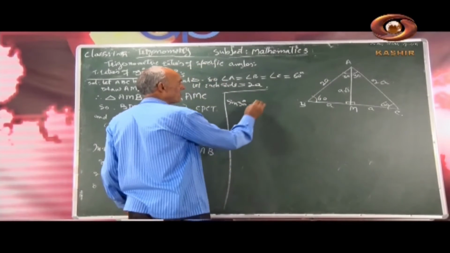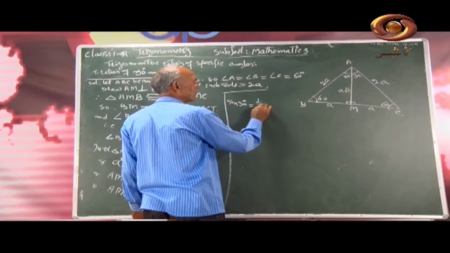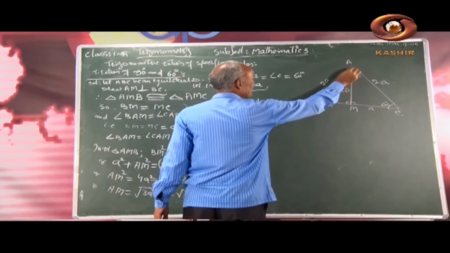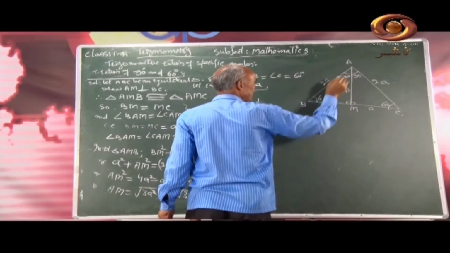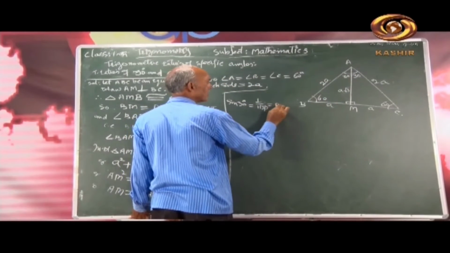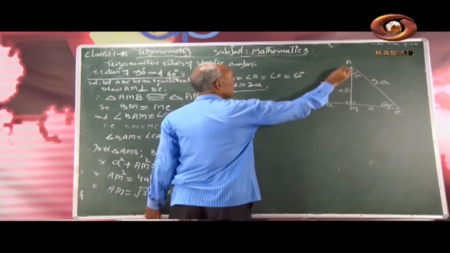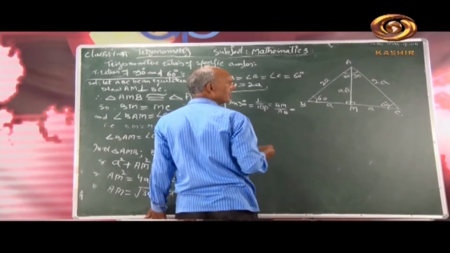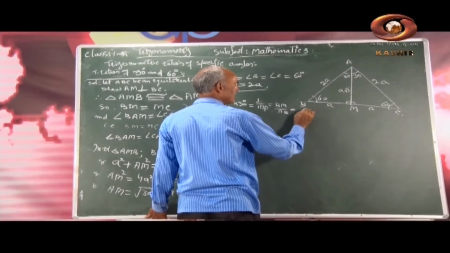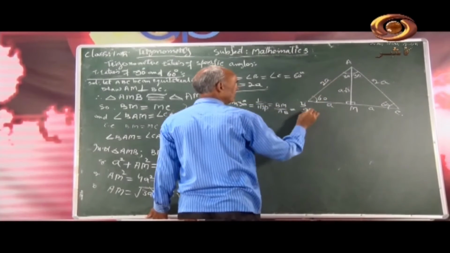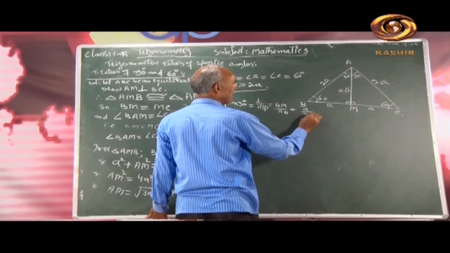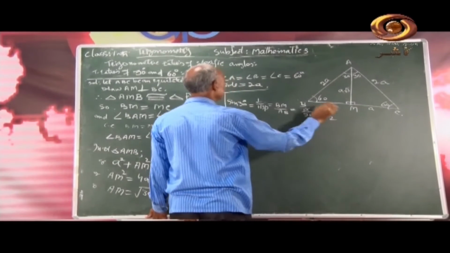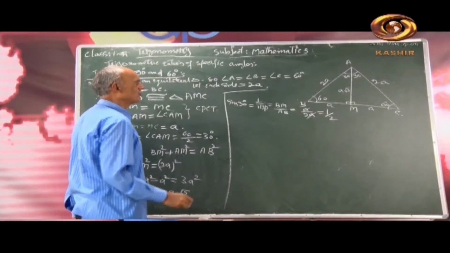So sine 30 is perpendicular by hypotenuse, which is BM by AB, and AB is equal to 2a. Cancel out a and a, we get 1 by 2. So sine 30 is equal to 1 by 2.